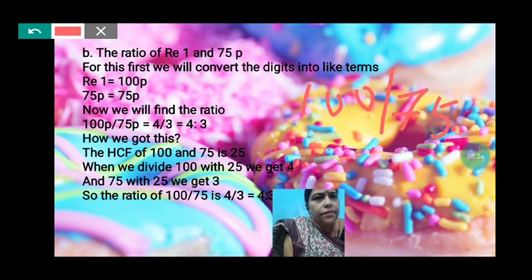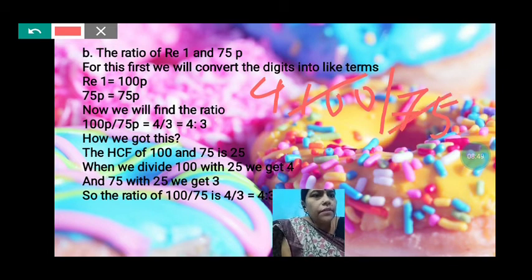We have found the HCF of 100 and 75, and we have got 25 as the HCF. 25 times 4 is 100, and 25 times 3 is 75.